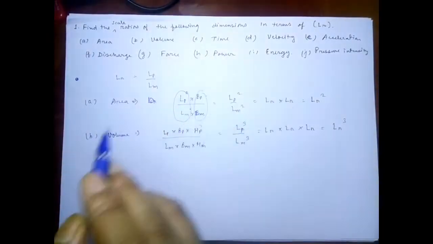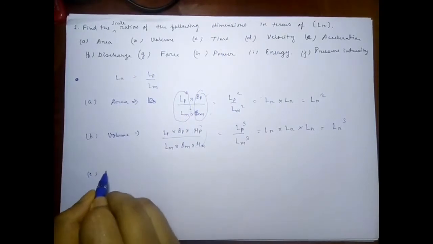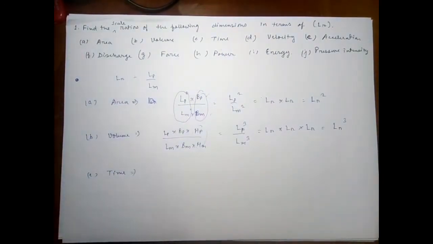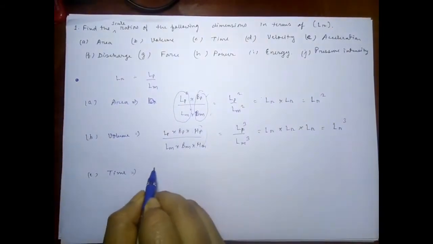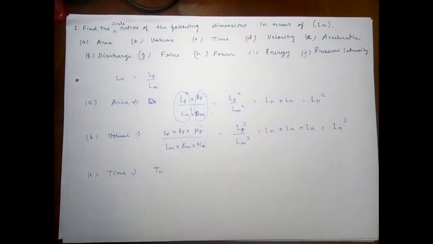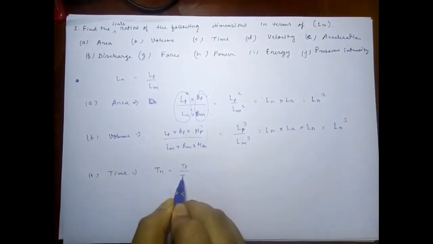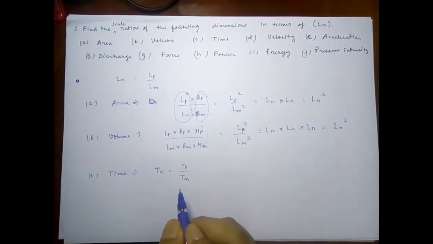So now next is time. For time, let us consider TR, a separate scale ratio, that will be equal to TP upon TM, that is the time for prototype upon time for model.